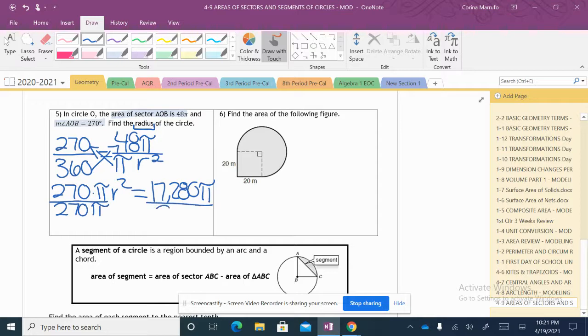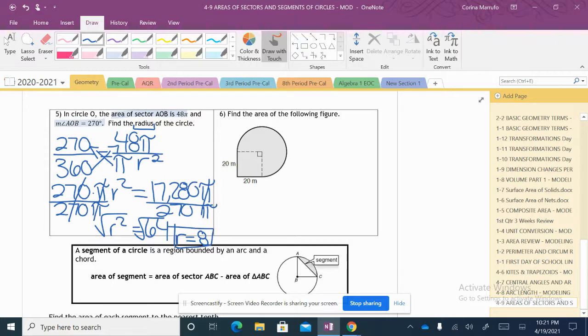What I do to one side, I've got to do to the other side. So pi's cancel, the 270's cancel, and we get r squared equals 17,280 divided by 270, and that gives me 64. So our last step to solve for the radius is to take the square root, so we get r equals 8, and they don't give us any units, so it's just 8.